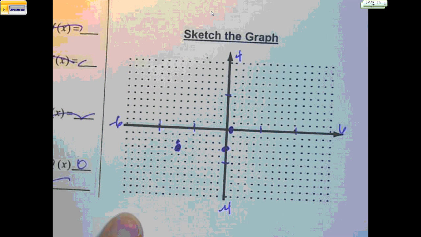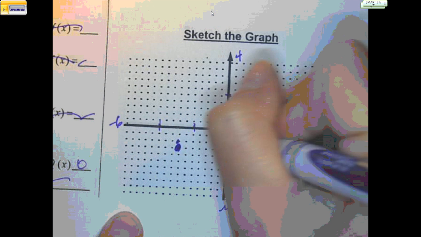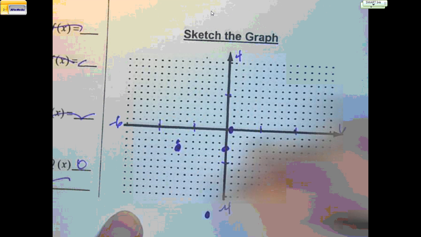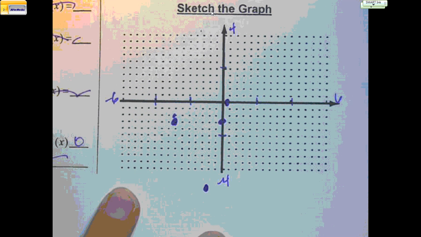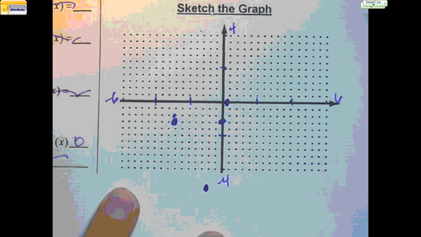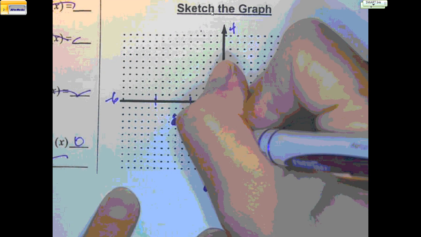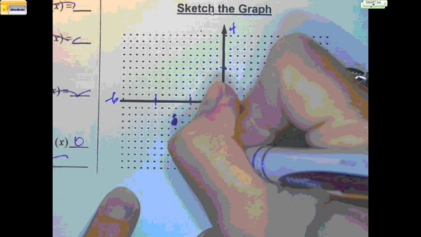So it does go off your graph just a little bit. Do we have any other points? Yes, the inflection point is (-2, -3). It's going to be harder to see on this one, I can tell. Those are all the points that were given.